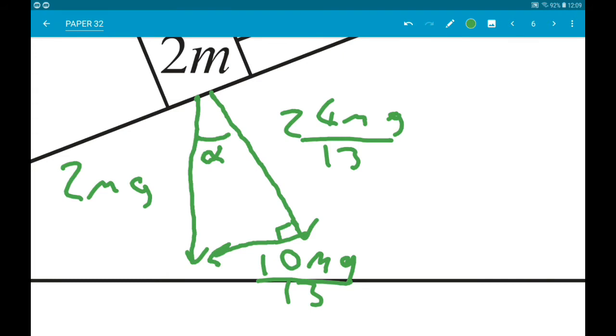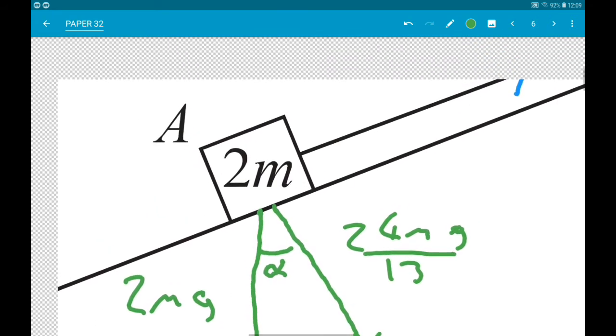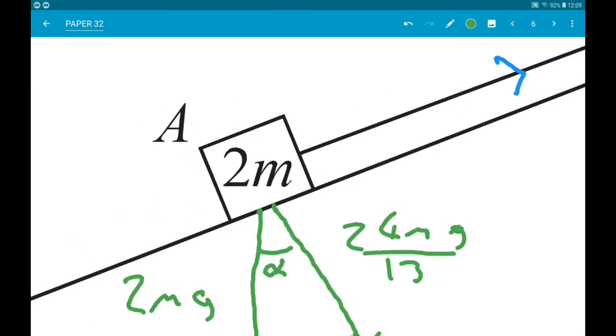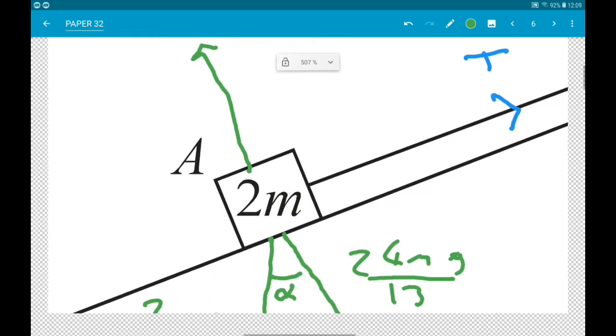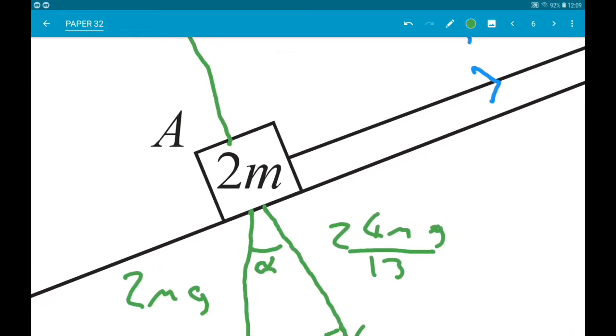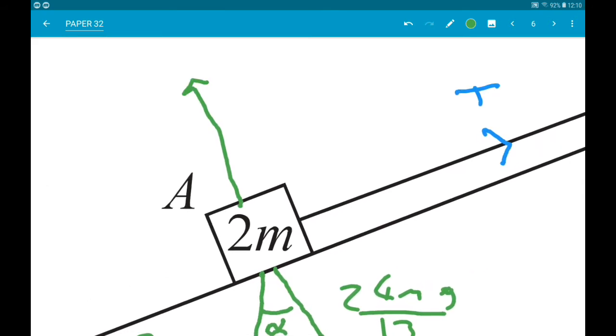Now, we also have the normal reaction, so that's working perpendicularly upwards. That's the only force acting in that direction, so that's just the same as 24 mg over 13. Alright, now one final thing.